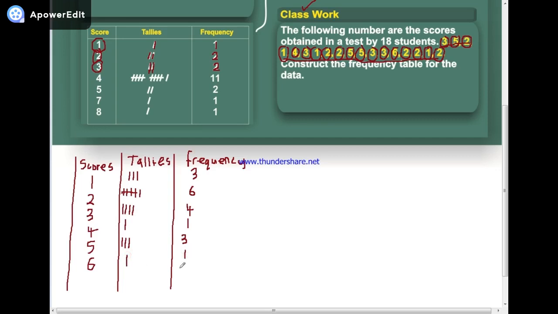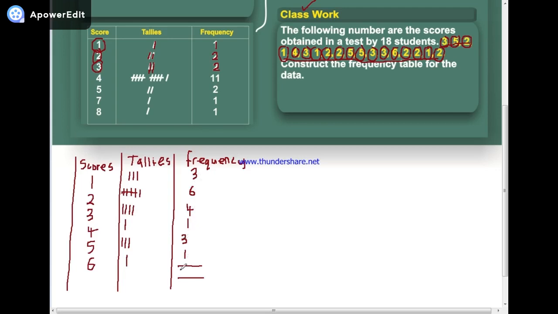So for you to confirm that you constructed it very well, if you total all these frequencies together, you must be able to get the total number of students here. That is 3 plus 6 is 9. 9 plus 4 is 13. 13 plus 1 is 14. 14 plus 3 is 17.